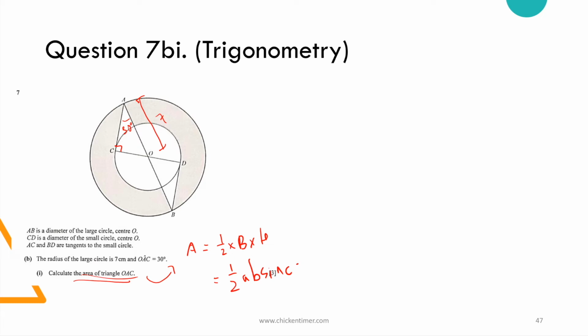So the only way is to use trigo, isolate this triangle, and find another side. I would find AC. So if it's AC, then it's here. Then you'll be using cosine 30 equals adjacent over hypotenuse, so it's AC over 7.